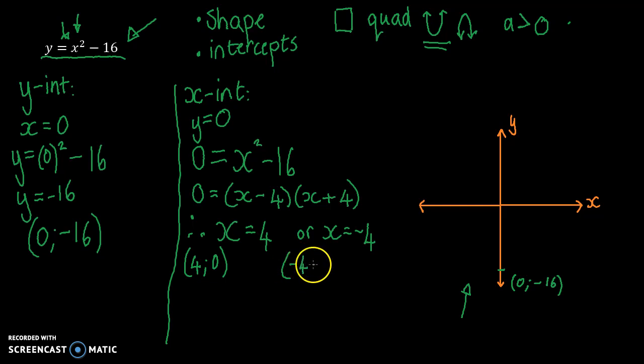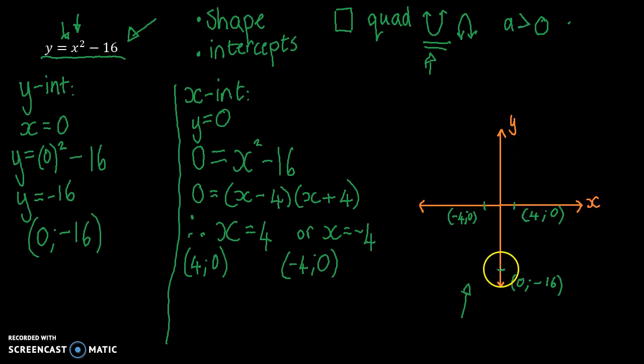We've got two of them, (4, 0) and (-4, 0). Now, because 16 is down over there, that means negative 4 will be somewhere over there. Negative 4 and 0. And positive 4 is going to be mirrored on the other side, so it's going to be 4 and 0.